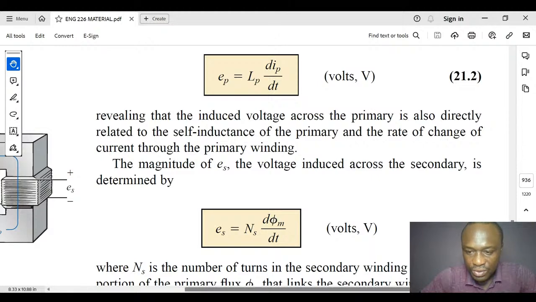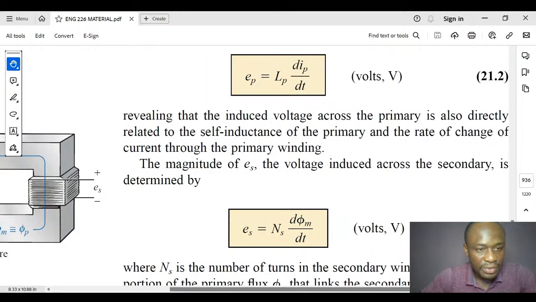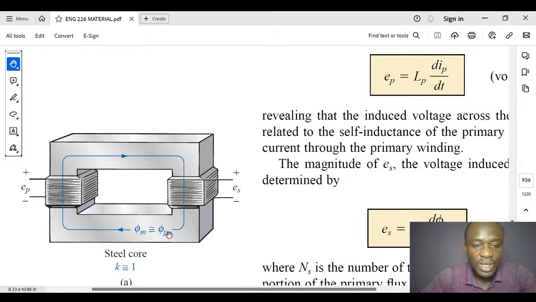Let me shift this to the transformer here. This is the primary side of the transformer, and this is the secondary side. This is a steel core, which we call the iron core transformer. For this, the permeability is equal to 1, which means anything at the primary side is equal to what we get at the secondary side.